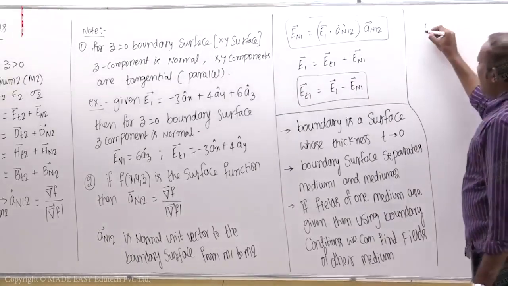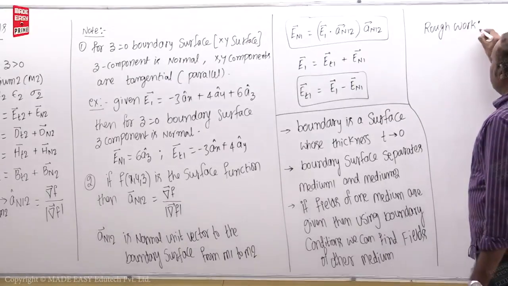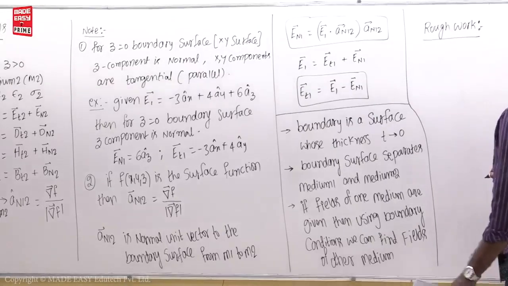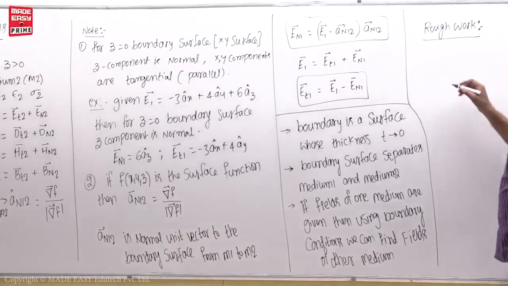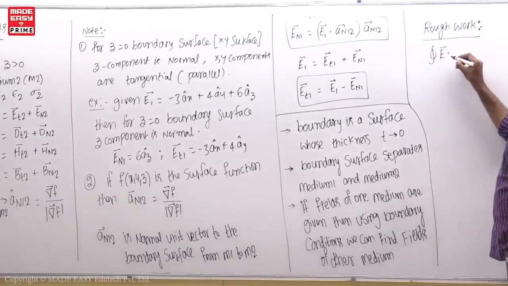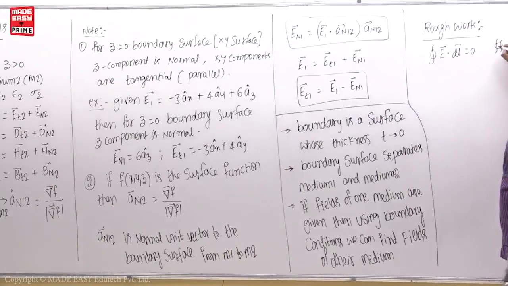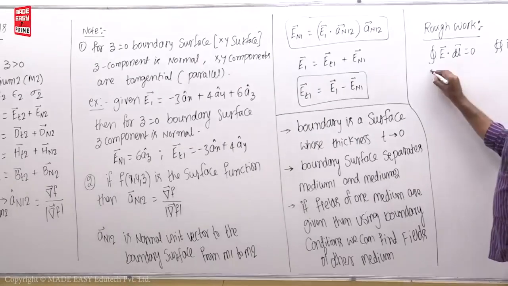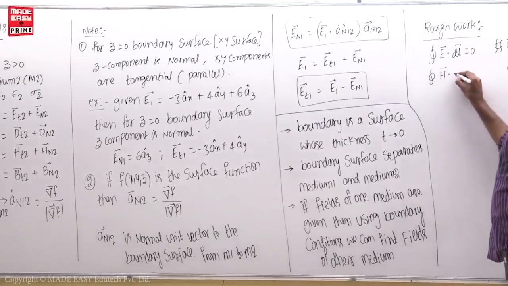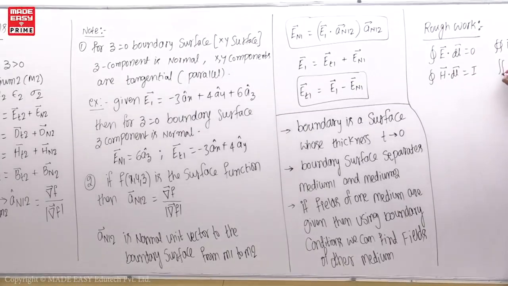Now I will do rough work here. There are 4 Maxwell equations we have discussed till now. Closed integral of E dot dl is equal to 0, closed integral of D bar dot ds bar is equal to Q, closed integral of H dot dl is equal to I, and closed integral of B bar dot ds bar is equal to 0.